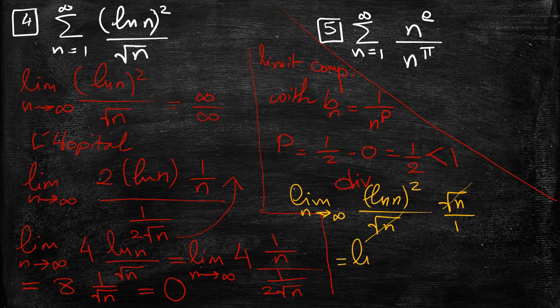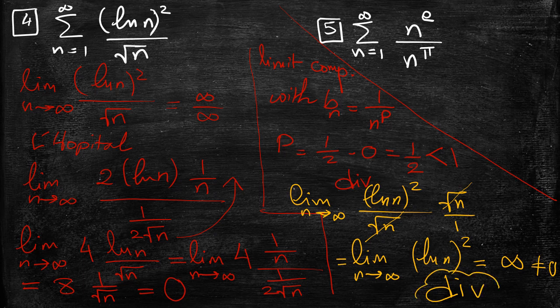You'll end up with limit n approaching infinity of ln n all squared, and this at infinity will be infinity squared, which is infinity. Again, this is not equal to 0, so I'm comparing a series with a divergent series. So my series under test right now is a divergent series as well. So what was helpful here was the limit comparison test.